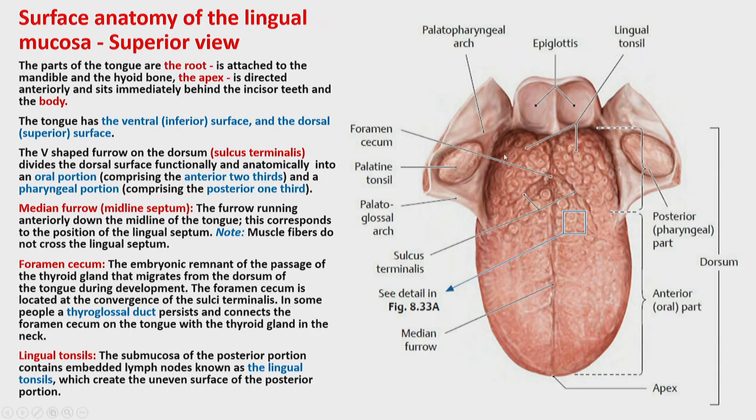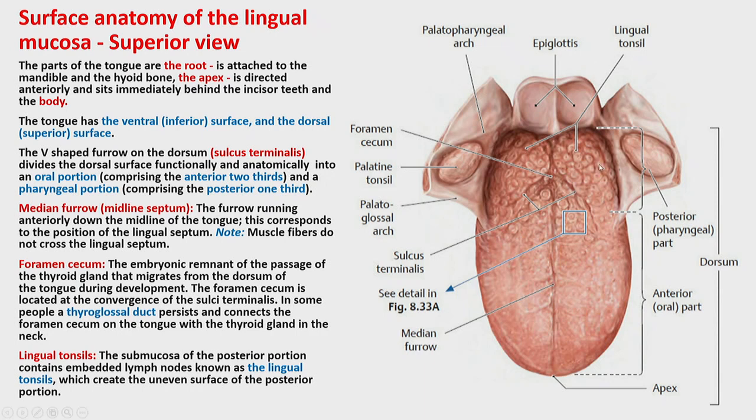Finally, in the pharyngeal part, or the posterior one-third of the dorsum of the tongue, you can see some lymphoid structures. That's why they call it the lingual tonsil. It has the same lymphatic structure as the palatine tonsil, which we said is between the palatoglossal and palatopharyngeal arches.